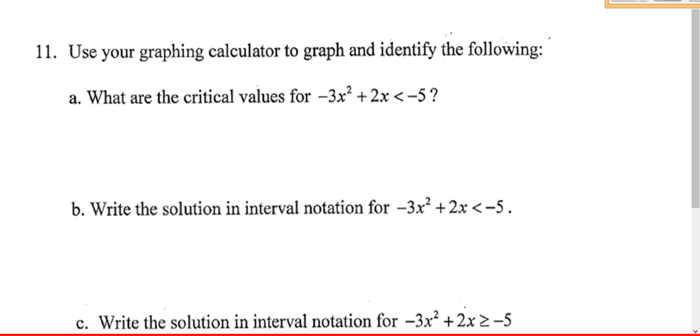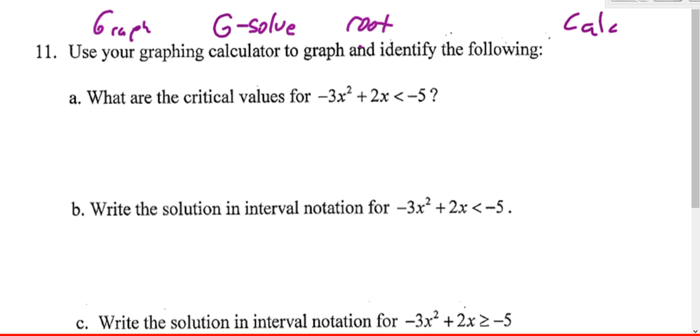On a Casio, that would be G-Solve, root. If you have a TI, you graph it and then go calc, intercept, or calc, zero. So it depends on which calculator you're using.